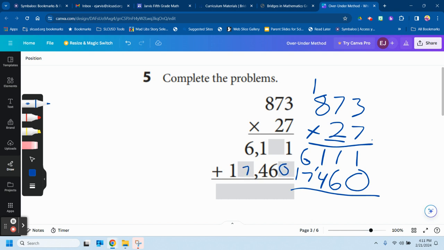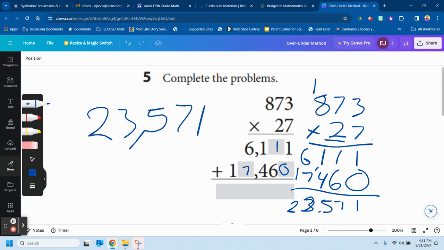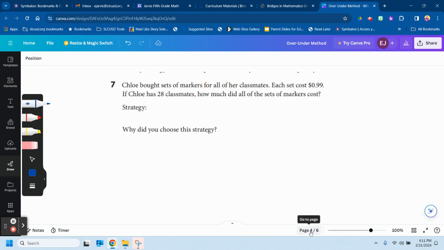This is a 7. This is a 1. And just add it up. 1, 7, 5, 13. That's supposed to be a 3. So you should get 23,571. Okay. Let's move on forward, see what we got here.